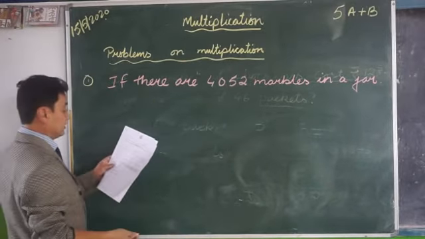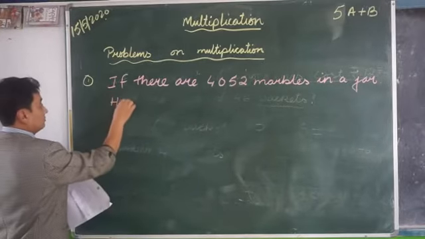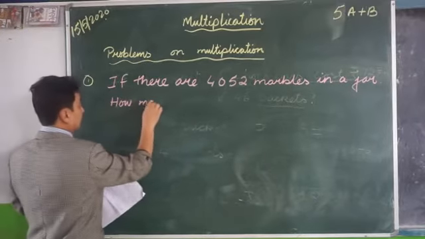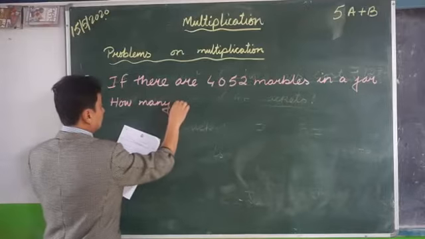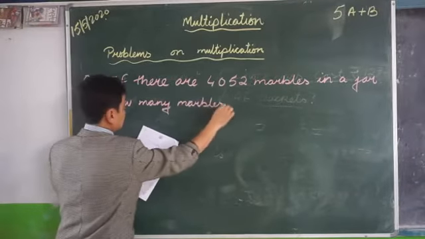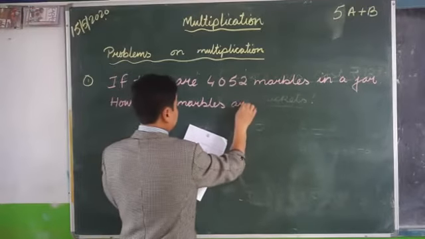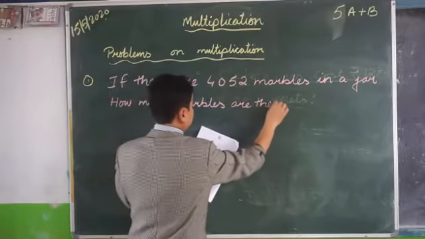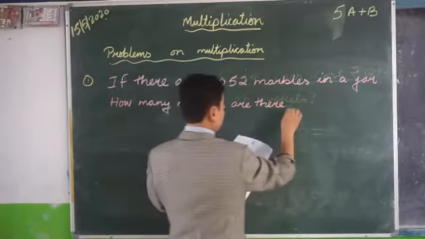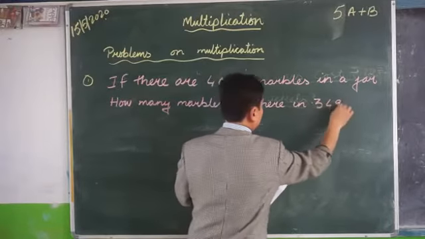He had 349 jars. So we have to find out how many marbles are there in 349 jars.